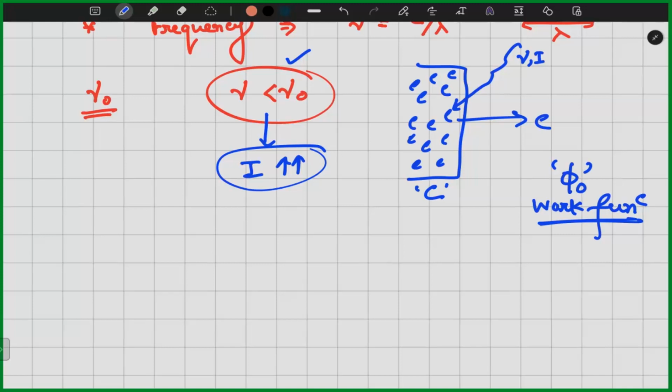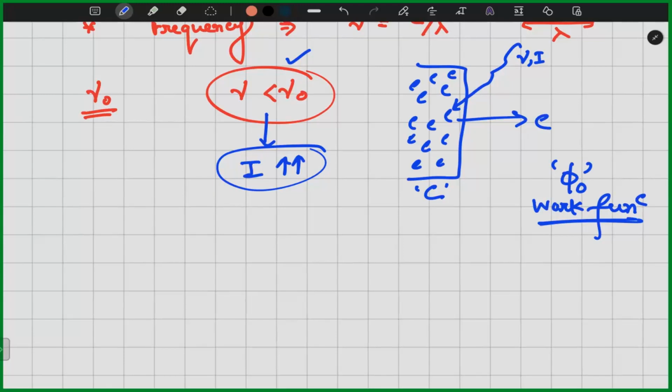So our traditional wave theory is not able to explain this result. According to that theory, such a concept of threshold frequency should not exist. So this was not explained by wave nature.